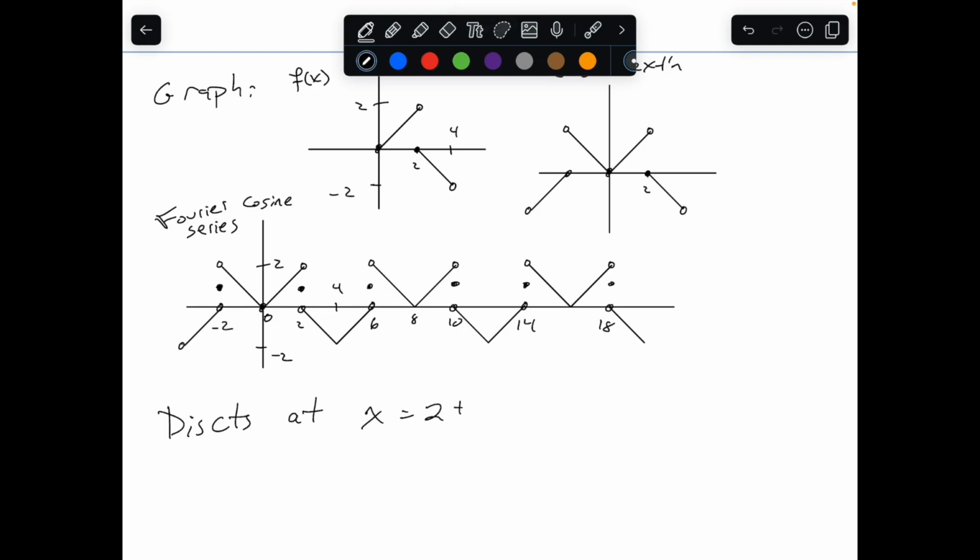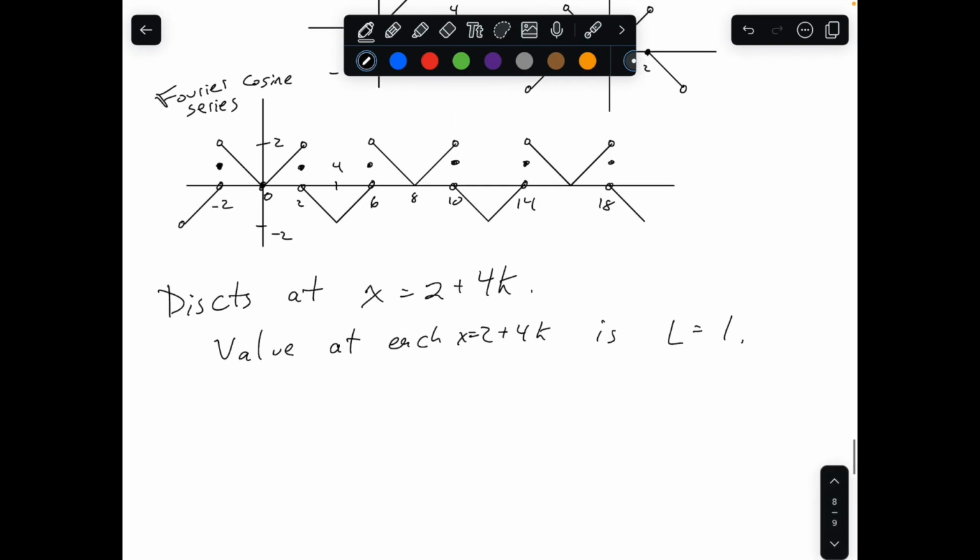So it's 2 plus any multiple of 4, so 2 plus 4k. And then the value at each 2 plus 4k is L equals 1.